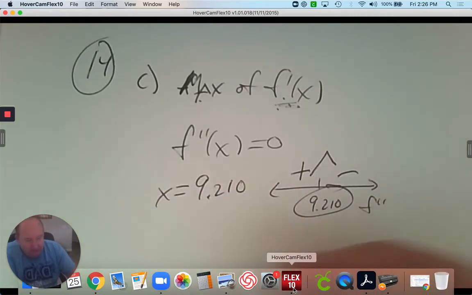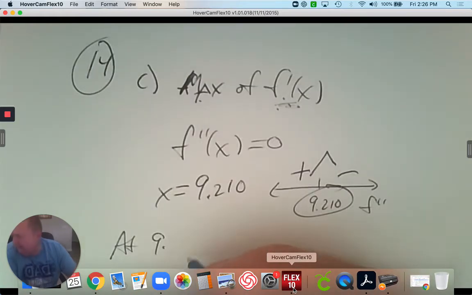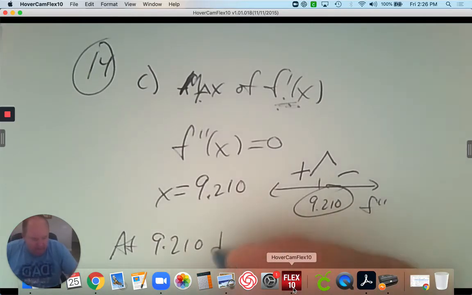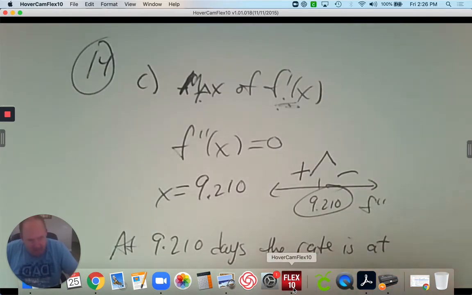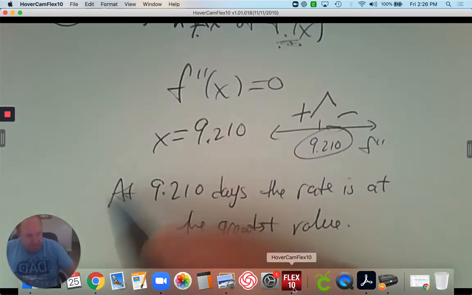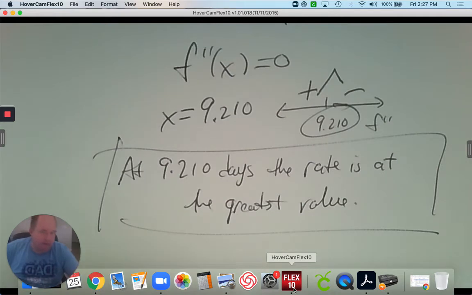And x again represents days, the time in days. So at 9.210 days, the rate is at the greatest. So how quickly it's spreading? At 9.210, the rate, the first derivative, is at its greatest number.